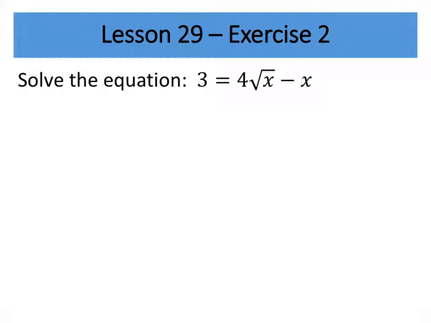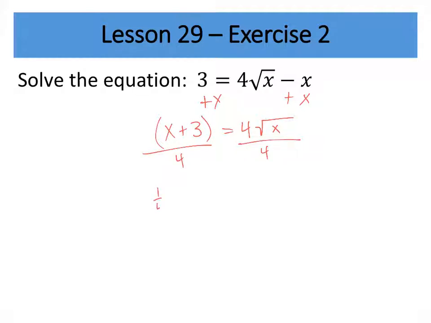I'm hoping this one turns out a little bit nicer than the previous one did. But again, we want to get those x's all by themselves. So the first thing that I want to start doing is moving that x to the other side. So I got 3 plus x, or x plus 3, equals 4 times the square root of x. So maybe it'll come out prettier if I do it a little differently. Divide both sides by 4.